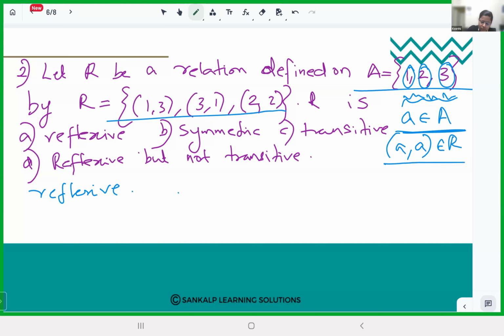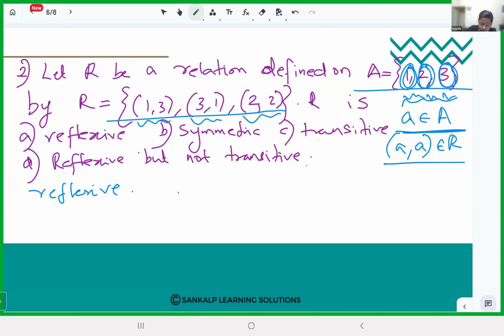So here we have to get the ordered pairs (1, 1), (2, 2) and (3, 3) in that relation, since 1, 2, 3 are the elements of the set. Check whether all those ordered pairs exist in the given relation. It contains only (1, 3), (3, 1) and (2, 2).